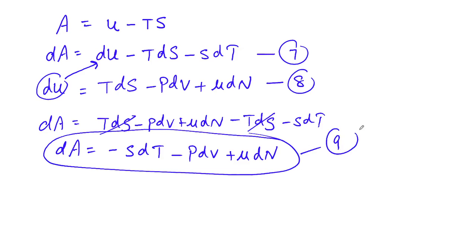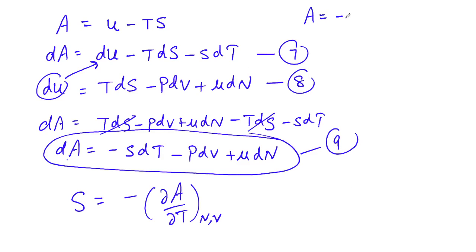Now using this equation, we can find out the value of entropy. If I take the derivative of dA with respect to dT, I can find out the value of the entropy. So S comes out to be minus of partial A by partial T at constant N and V. We have already derived the value of the Helmholtz free energy, A, which is equal to minus kT log of the partition function Qn.